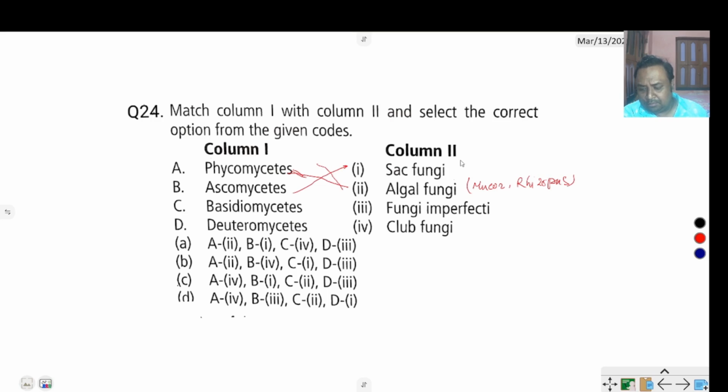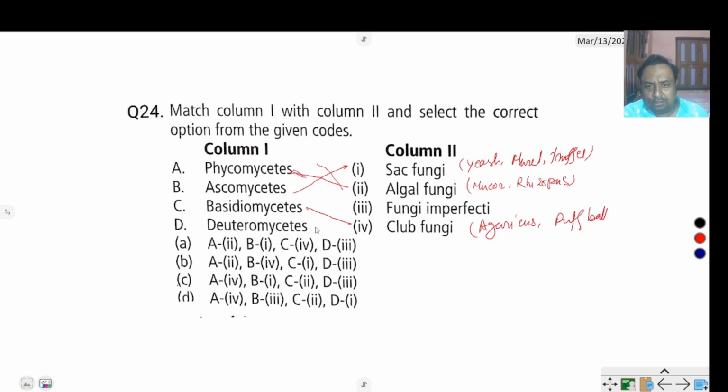Examples are yeast, morel, truffle, etc. Basidiomycetes is called club fungi. Examples: Agaricus, puffball.